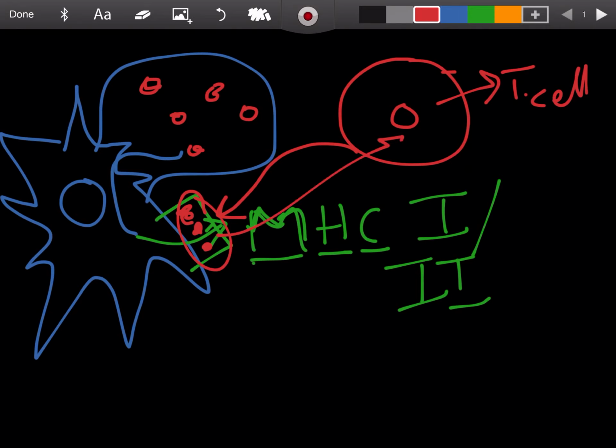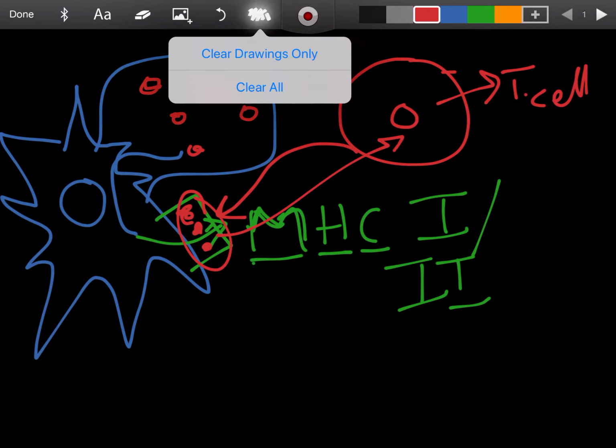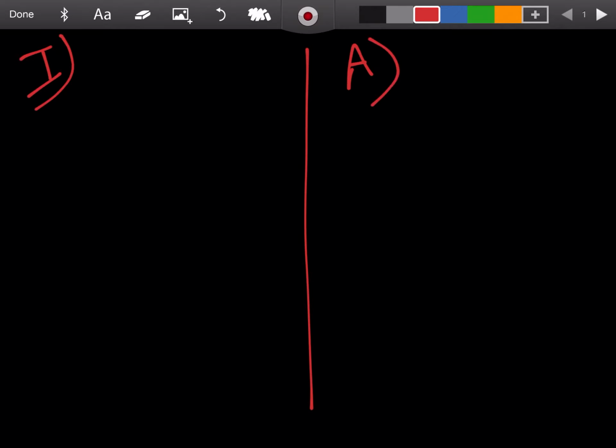It will transfer this information and learn what this pattern looks like, so that if it sees this elsewhere in other cells, it can attack it.